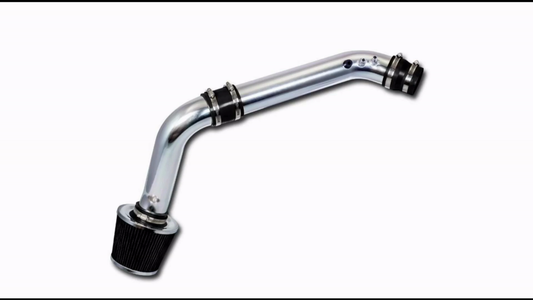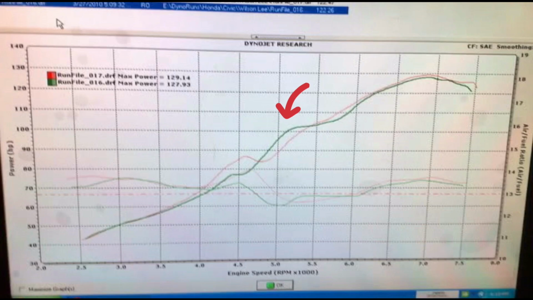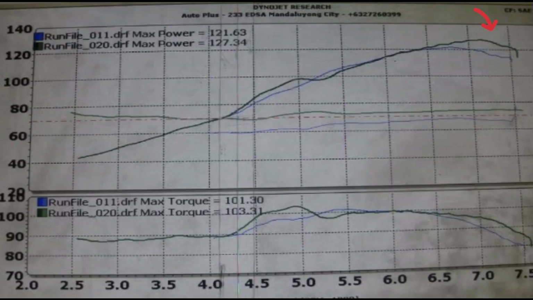What's really happening is the length of the intake pipe, the resonance tuning or resonance effect, is creating the increase in power at certain RPMs. It's called a Helmholtz resonator. And here's the dyno sheet that you can see. At this part, between 4,500 and 5,000, you can see the hump in power. Even here, that's from the cold air resonance. However, on the top end, you can see this part. It's also because of the stacking of air.